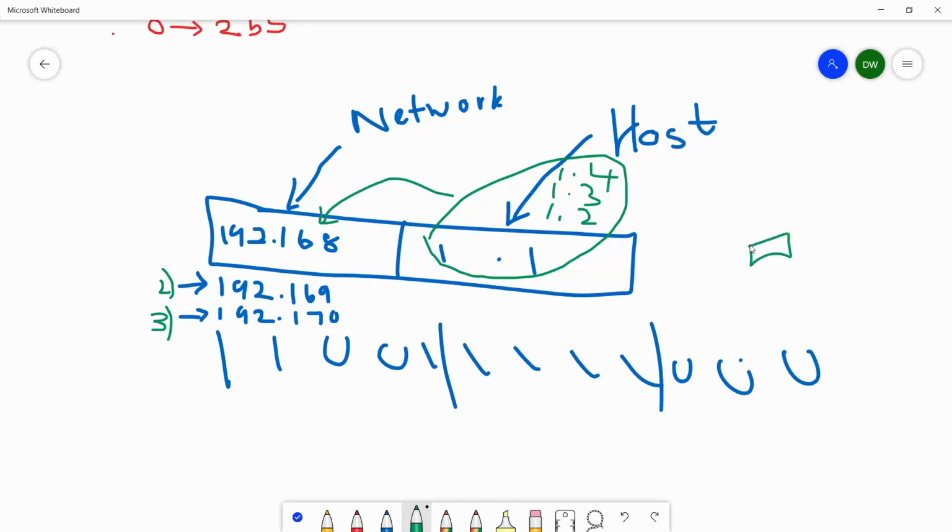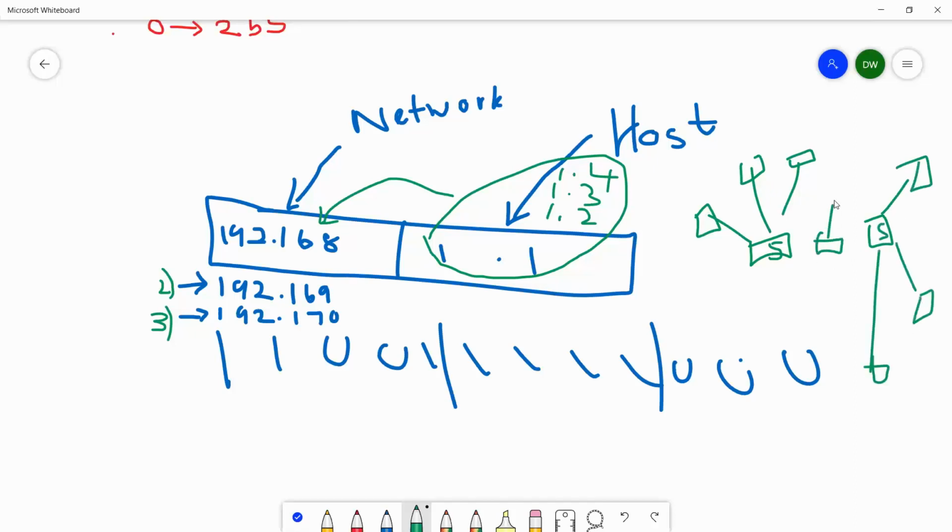For an example, if I draw two computers here, assume that this is a server, there can be many computers connected to this, and here again another server. In between you will have a router. You know that you use a router to connect different networks together.